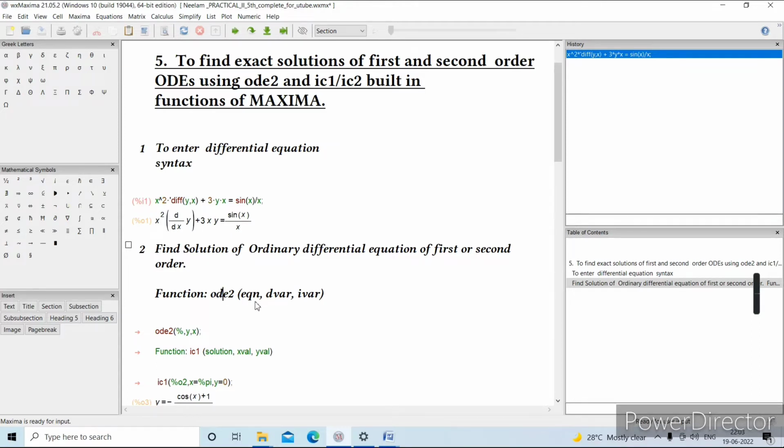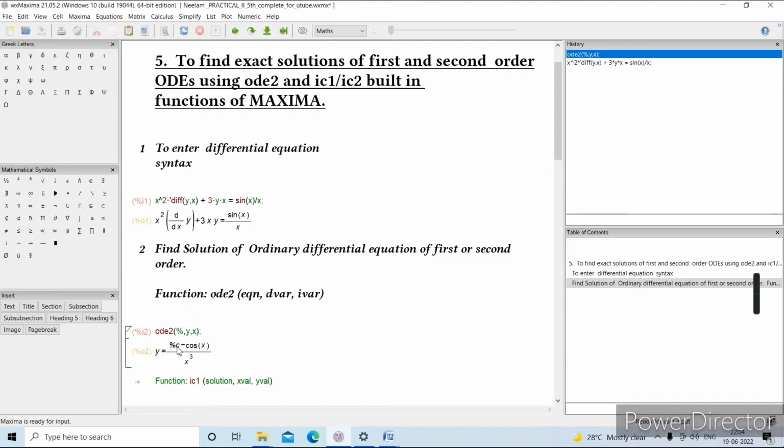So your syntax is, you will use here ODE2 percent, it means it will call this output 1. Shift and enter. It's my solution. This is y is equal to %c.